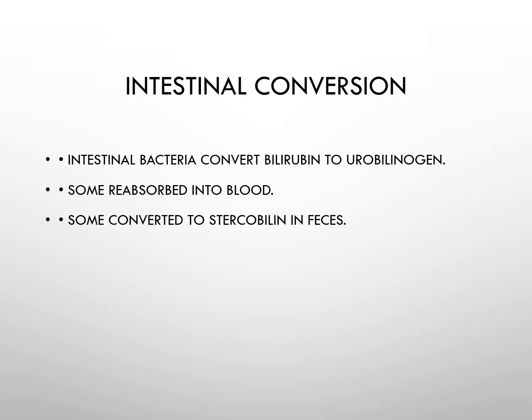I'll be talking about the intestinal conversion. The intestinal conversion of heme to bilirubin is a specialized multi-process where heme is broken down in the intestine through bacterial action. While the majority of heme to bilirubin conversion occurs in the spleen or liver, the intestinal mucosa plays a significant role in metabolizing dietary heme.